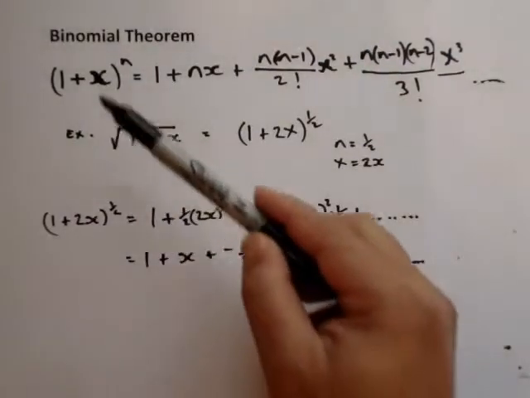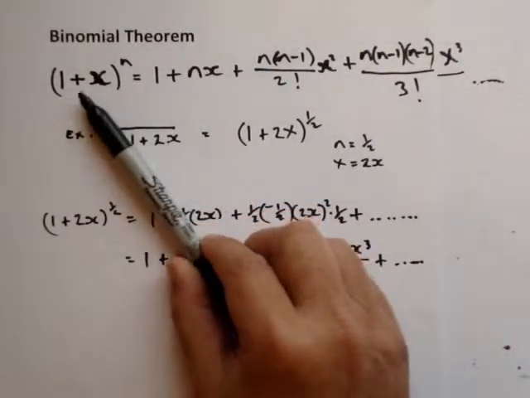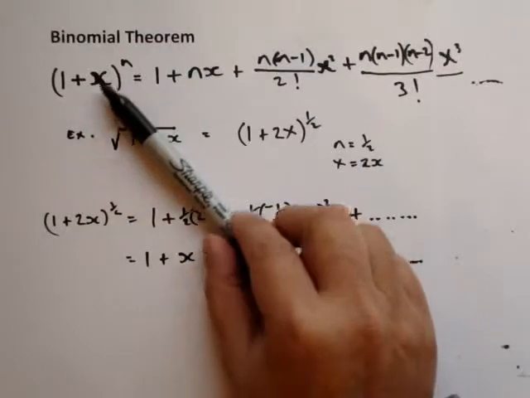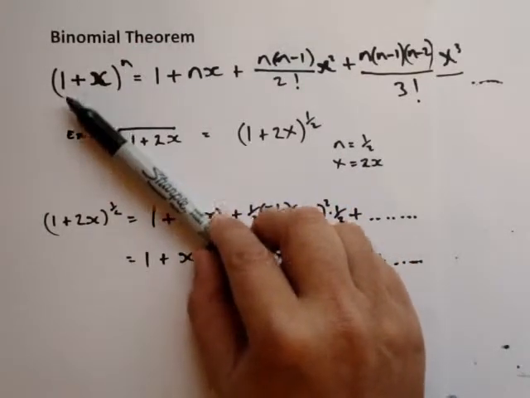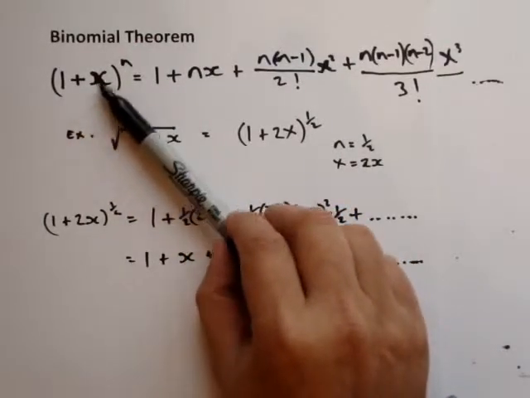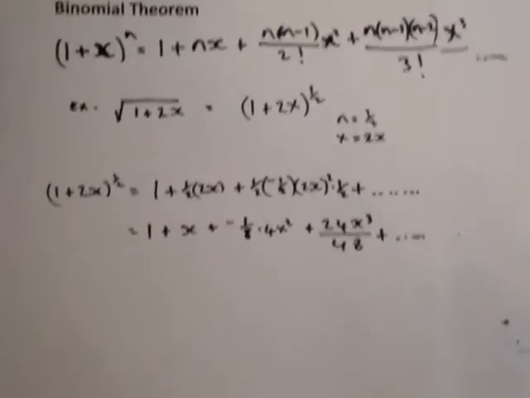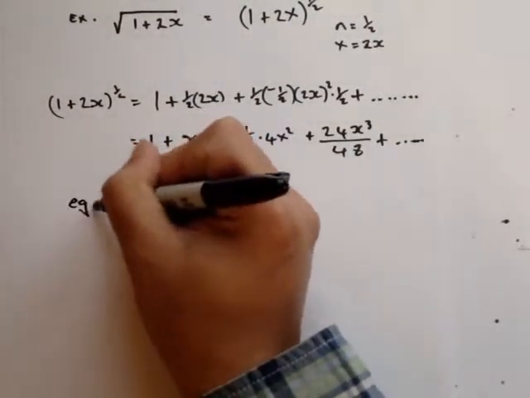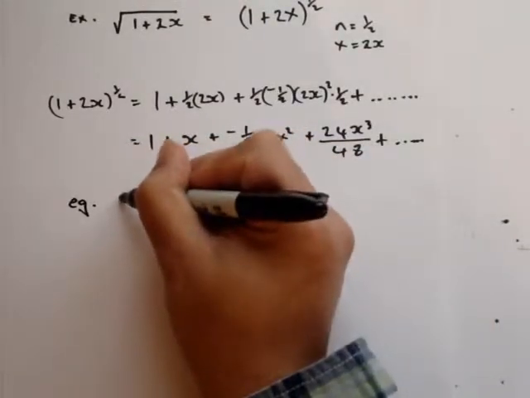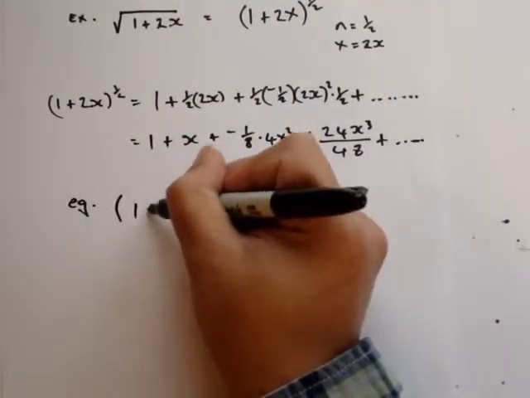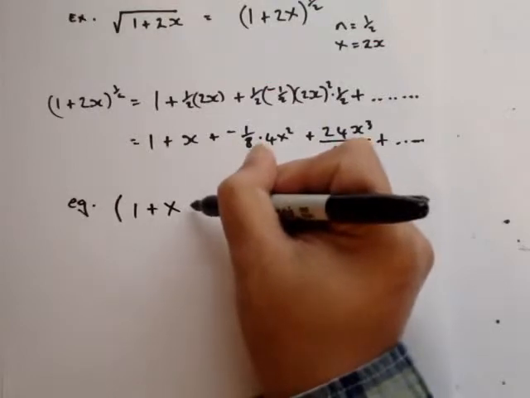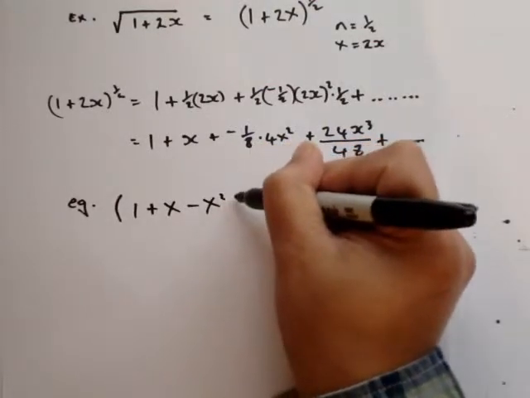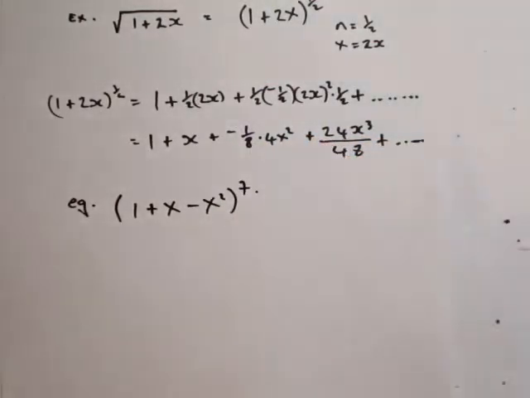It's very important that when we're using the binomial theorem that the binomial looks like this, in this form. So let's have a look. If we had 1 plus x minus x squared to the power 7.